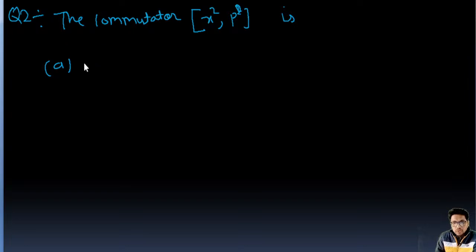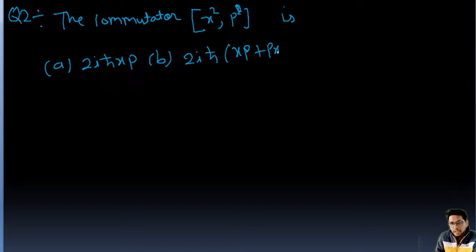Option number A is 2i h cut xp. Option B is 2i h cut xp plus px.